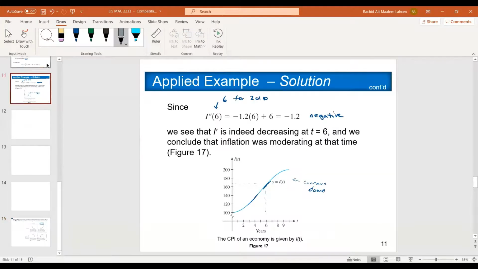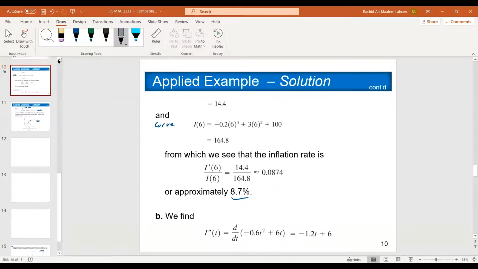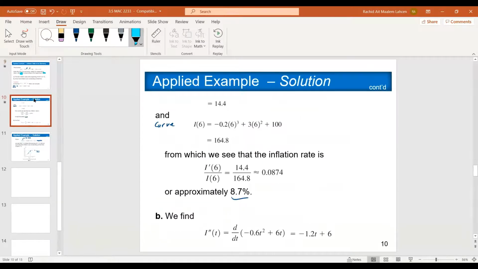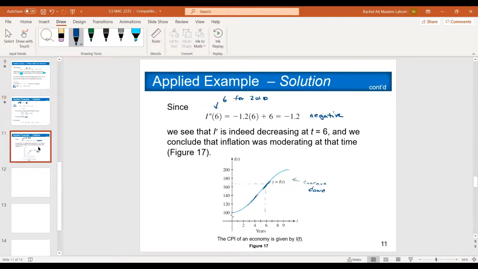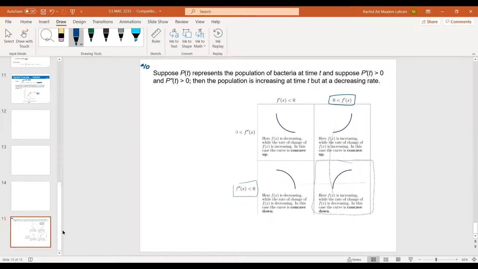So when you look at this problem here, the derivative, I prime of 6 here, is positive. Then we do the second derivative, it's negative, right? And of course we have the graph here, but now you're gonna refer to these 4 pictures. The first one is positive, the second one is negative, it's concave down, means it is slowing down.